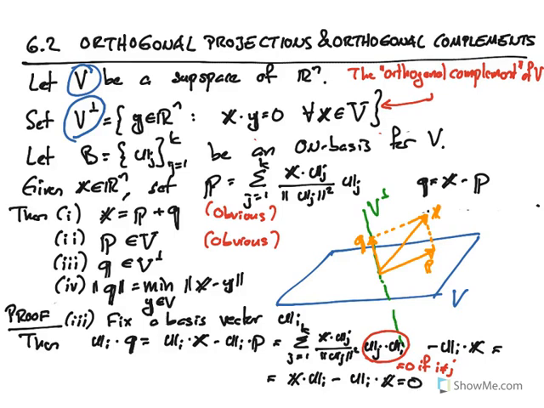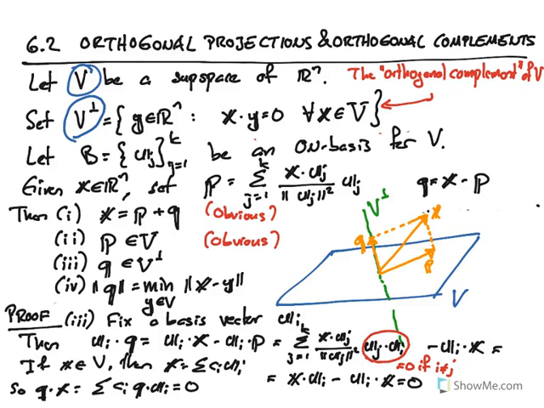So this is 0. So q is orthogonal to every vector ui, and if x belongs to V, then x is some sum of ci ui. So q dot x is some sum of ci q dot ui, which is 0, because I proved that q is orthogonal to every basis vector ui. So that's that.